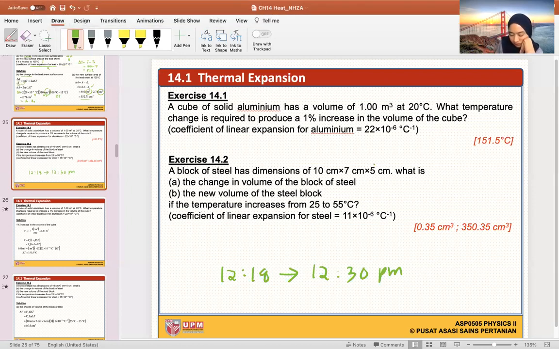I ask Aisha. Is Aisha there? Yeah. Okay, Aisha nombor A, 14.2A. And Shakira, B. Shakira ada? Ada Doktor. Okay. Kalau salah tak apa, kita akan buat sama-sama. But please try your best first.